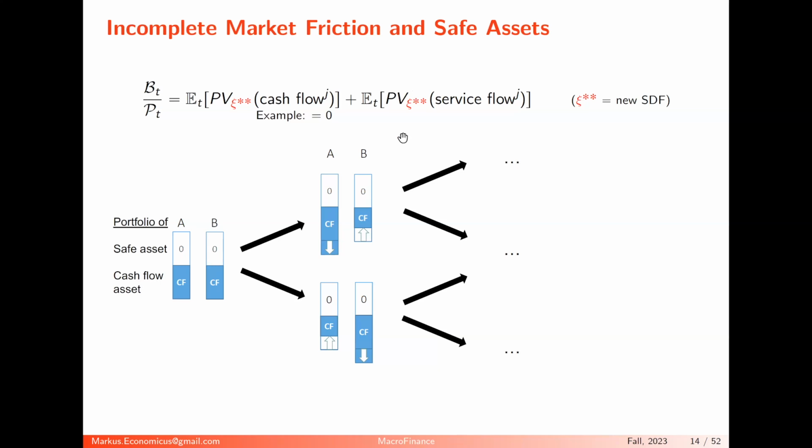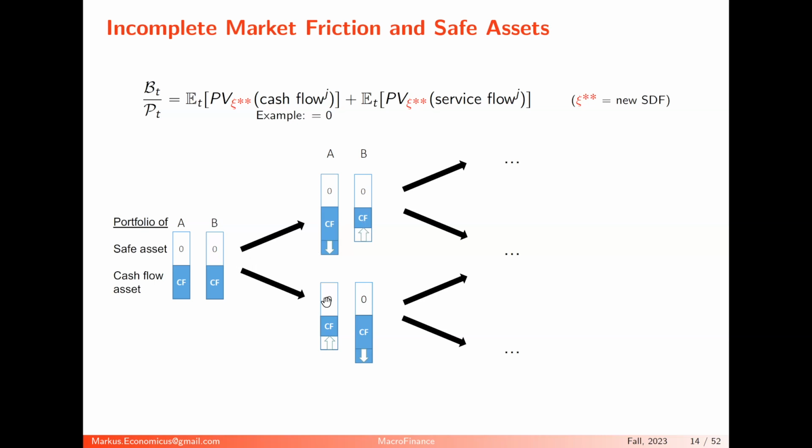But to illustrate this, let's just have a simple example where there are two people, Alan and Beth, and they each have two assets. They have a safe asset which pays off no cash flows at all. So in this example, it has 0 cash flows. And then Beth has the same safe asset, also pays off no cash flows. But then they have different positive cash flow assets, which pay off some positive cash flows. And when the world goes up, Alan's cash flow expands and Beth's cash flows contract.